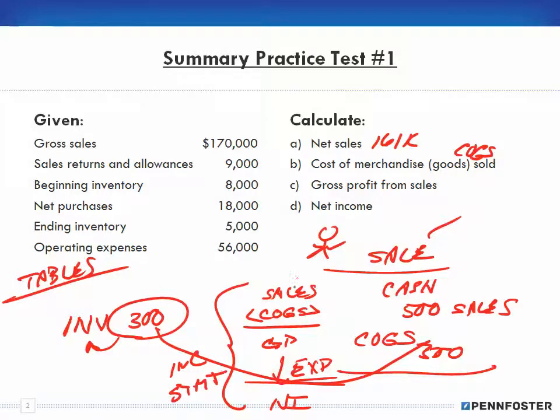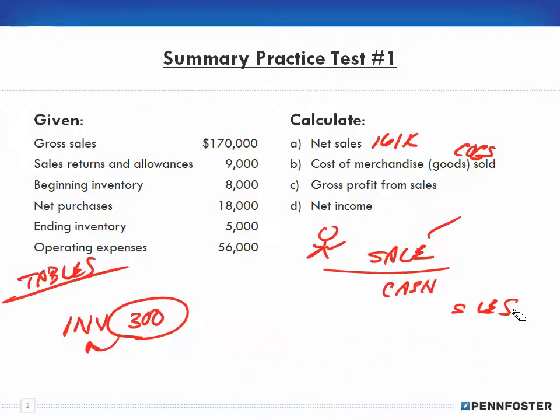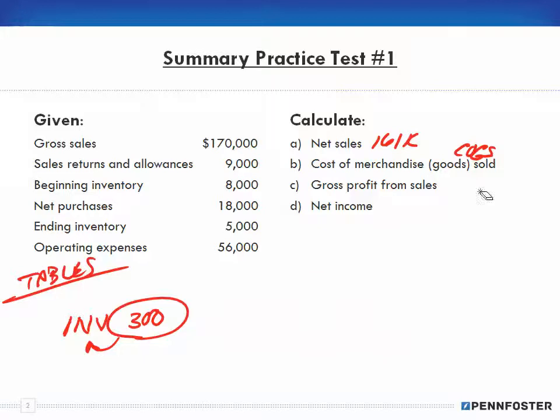If you look at your income statement, you see sales less cost of goods sold, you see a gross profit, and then you see all of your other expenses that you have, and that gives you your profit or loss. So when we're looking here at the cost of goods sold, remember the cost of goods sold is taking the items out of inventory to put it against cost of goods sold.